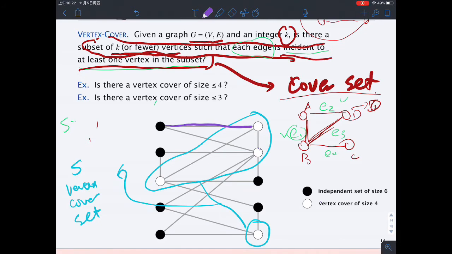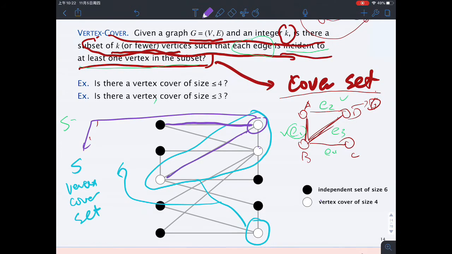If I look at this edge, one side of the node is inside S. If I look at this edge, both are inside S. If I look at this edge, at least the left side of the node is in S. So the point here is that regardless of which edge we have, we can check that at least one node of the edge is inside S. In this case, we can confirm that the set of white nodes is actually a vertex cover.